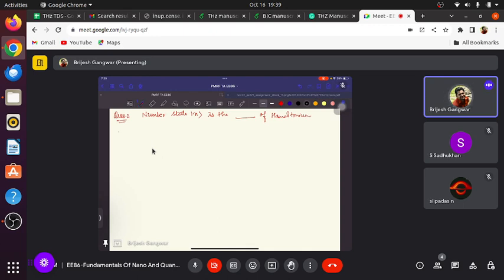Option A is eigenvalue, B is phase, C is amplitude, D is eigenfunction, and E is the number of photons. So which one will be the right answer? Can you guess?